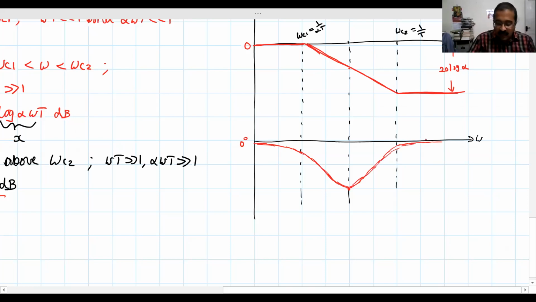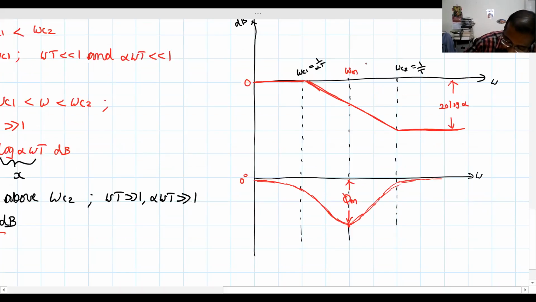You can see that at some particular frequency, the lag is maximum, phi m. That frequency I am denoting here as omega m. So omega m is that particular frequency at which the phase angle lag is a maximum. It can be seen that omega m will be nothing but the geometric mean of the corner frequencies.